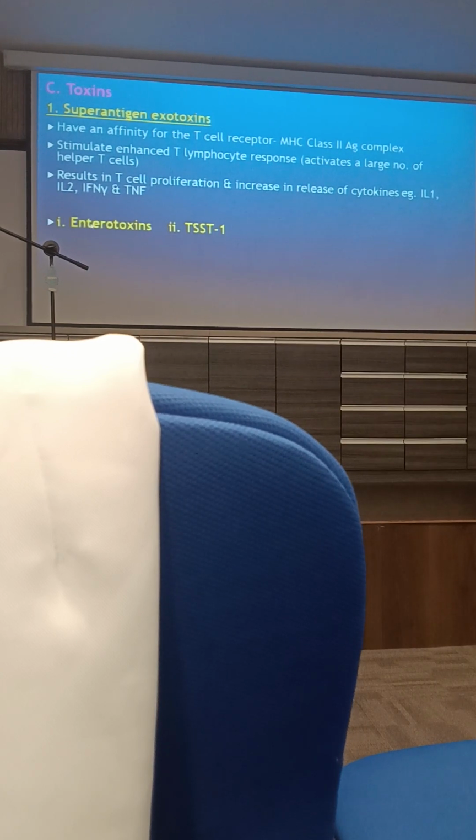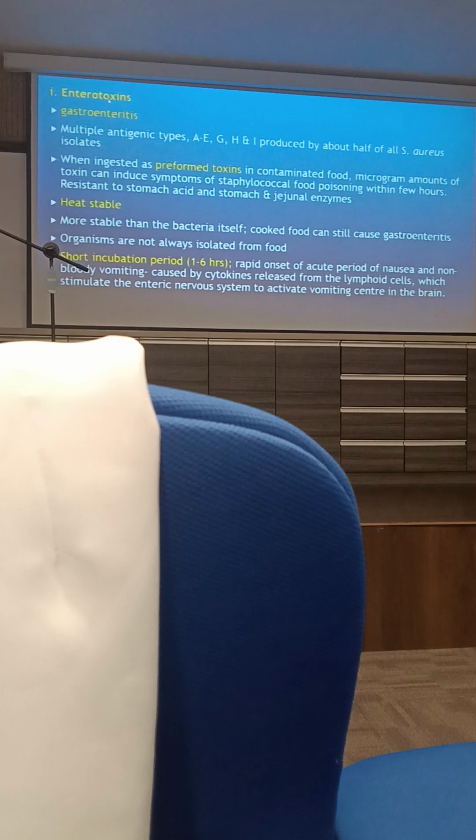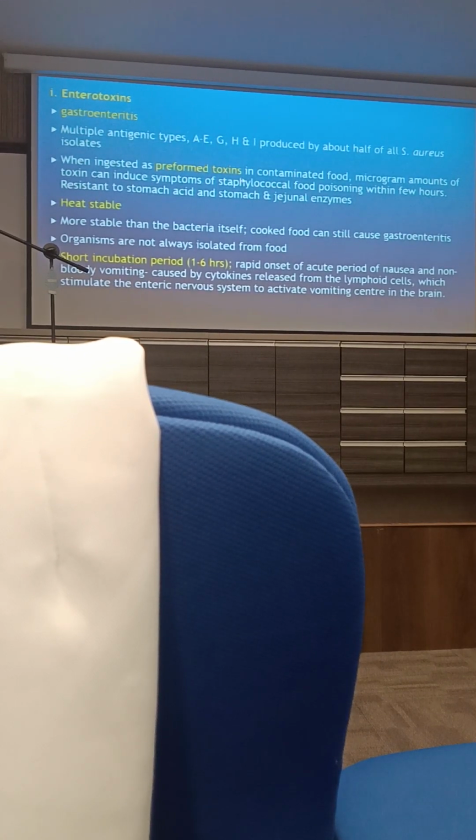It has two types of superantigen: enterotoxins and TSST, toxic shock syndrome toxin 1. Entero, from the name, means what? Gut related. This enterotoxin causes gastroenteritis when ingested as preformed toxin. What is meant by preformed toxin?